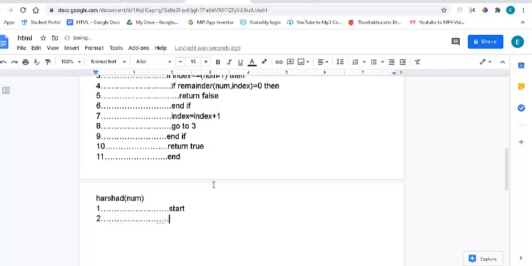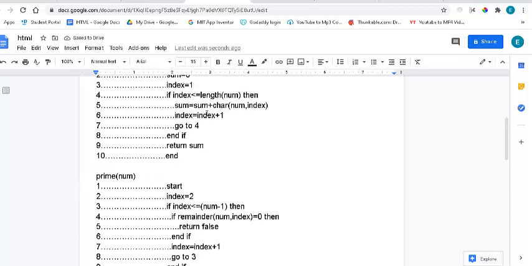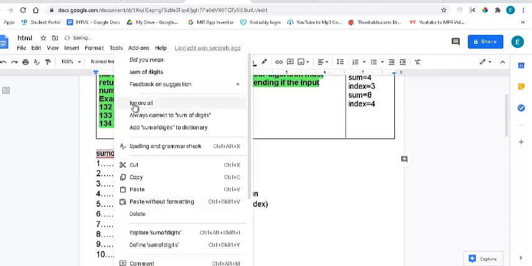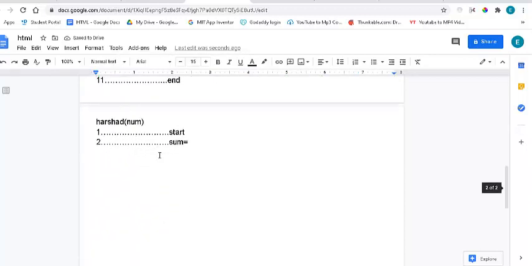Then we are going to check to see what is the sum. So let's call sum is equal to, what is the name of the algorithm here? Let's copy this one. Then we say sum is equal to sum of digits num. So our algorithm returns the sum of digits.